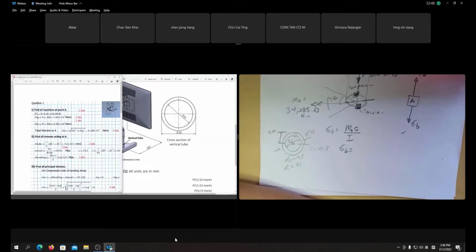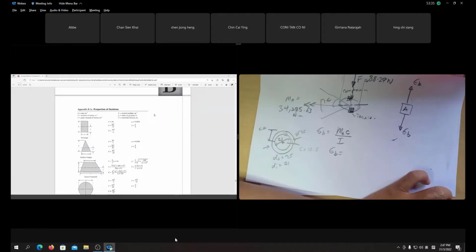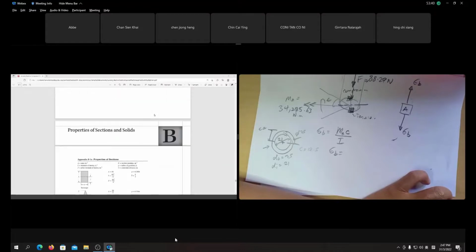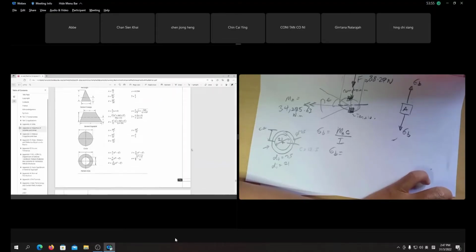Let me share with you, in your textbook. Hold on. If you open your textbook, can you see the textbook? You can see the properties of sections. If you look in here, under Appendix B, this one. So for I, can you see?